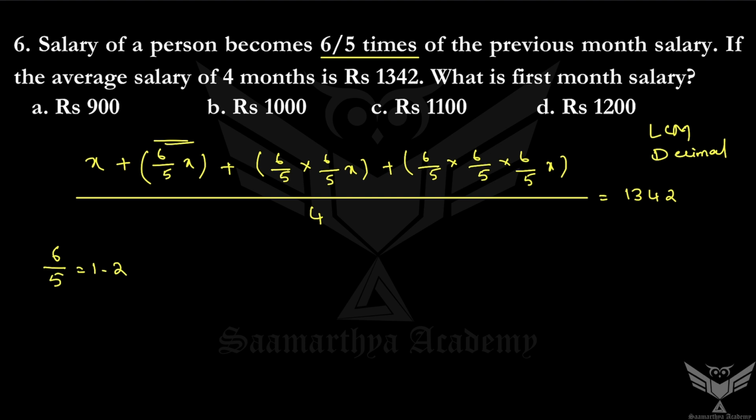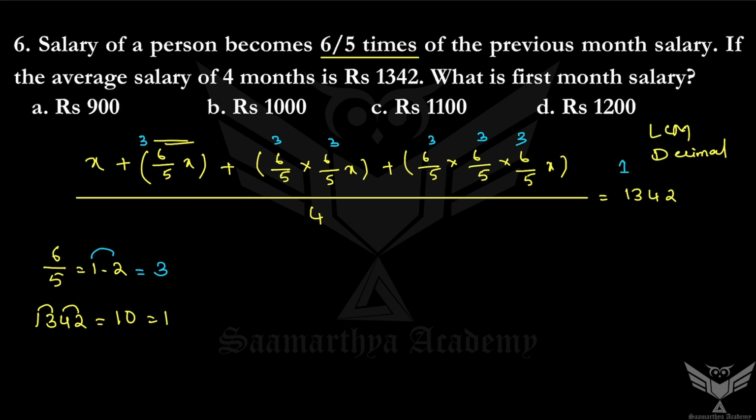Just add these two, 1 and 2, the answer is 3. So wherever 6 by 5 is there, we'll use the number 3 because that is the corresponding sum of digits. Now what is one more number given? 1342. If you add 1 plus 3 plus 4 plus 2, that is 10, and 10 means 1. Now we will replace 1342 by 1.